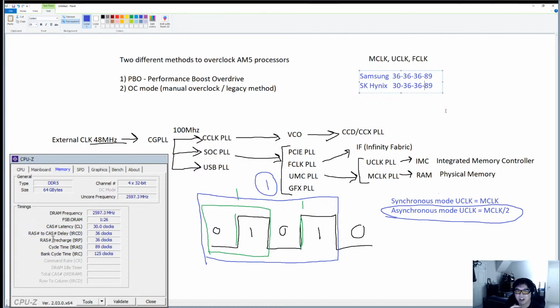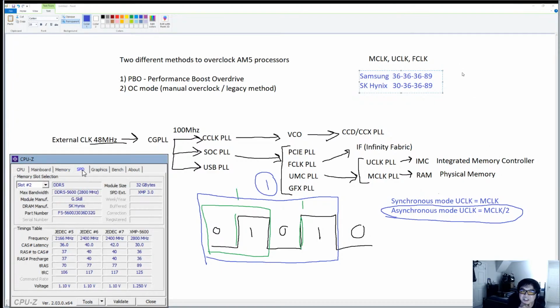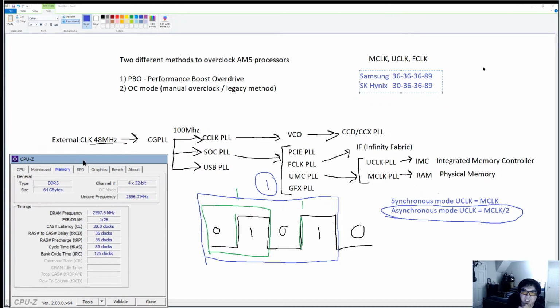But I know for a fact, because of the memory that I'm running, you can see it here on the stream. This is 30, 36, 36, 89. This is Hynix memory. You can see it right there, SK Hynix for G.Skill. Now, if I were to swap to my Samsung memory, the Samsung memory that I got for free from Micro Center was 36, 36, 36, 89.